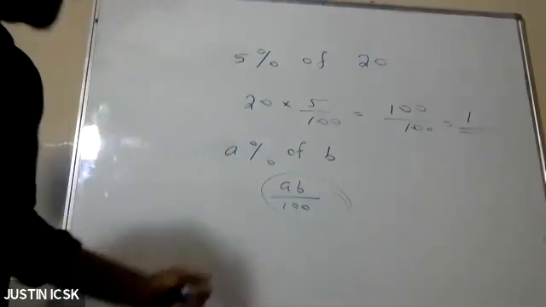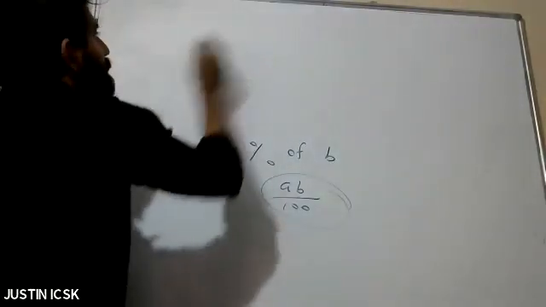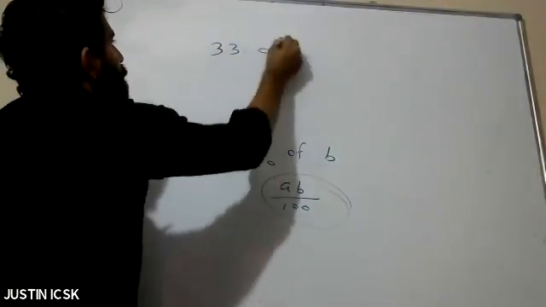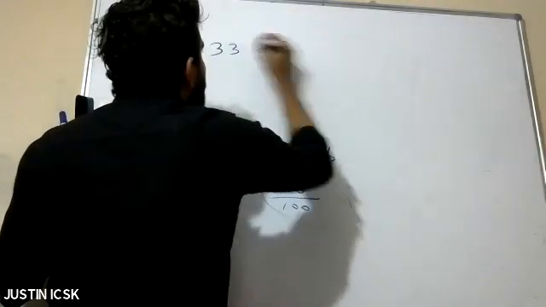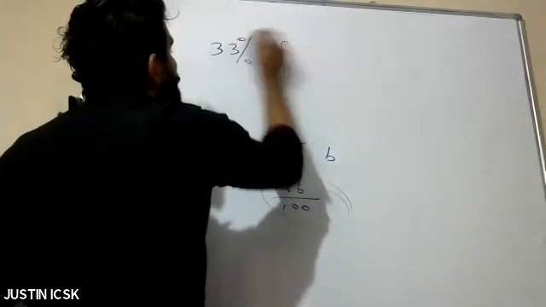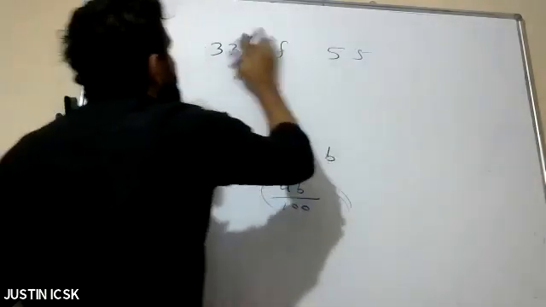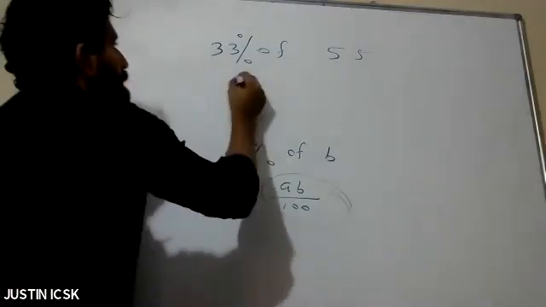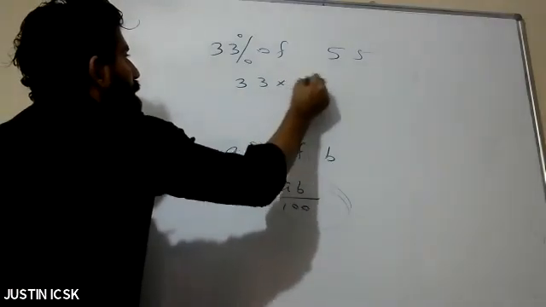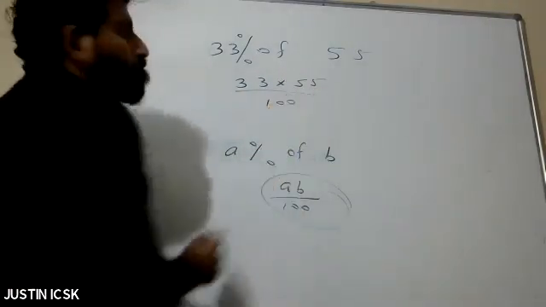Likewise, if they are asking 33% of 55, what we do normally here is 33 into 55 divided by 100.